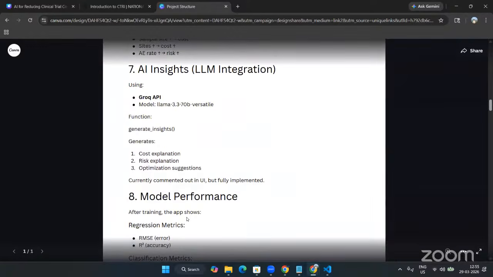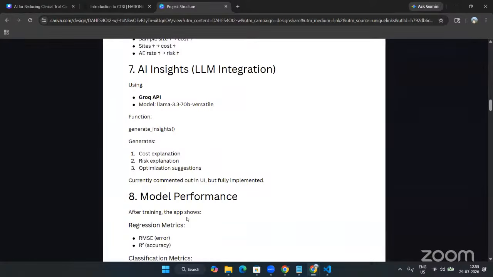Then if we also integrate LLMs, large language models, in that particular case it will have the Groq API integrated with the model Llama 3.3 70B Versatile. That model can be integrated, and it can give explanations for cost, risk explanation, and optimization suggestions.